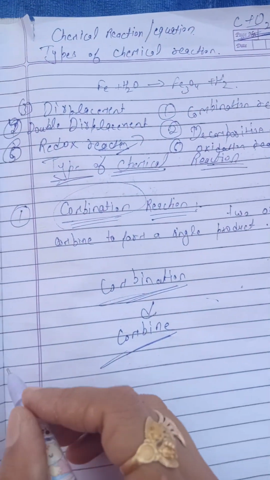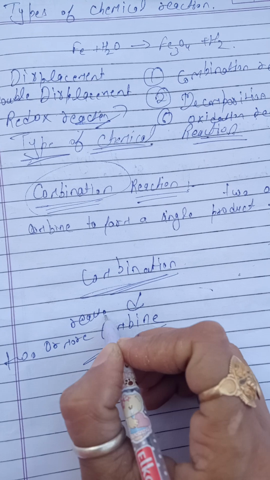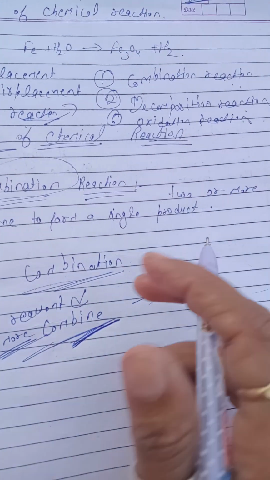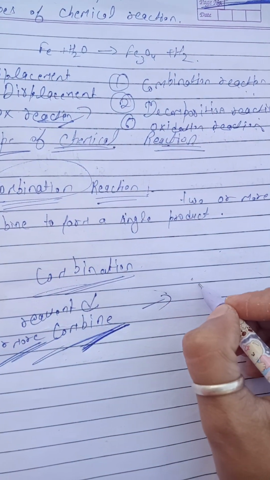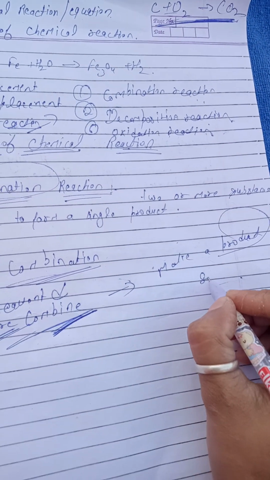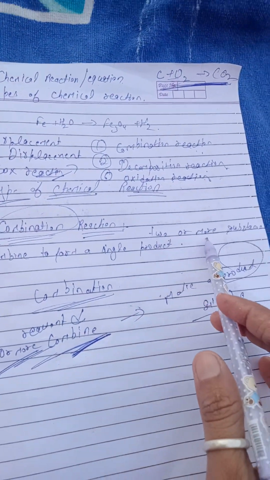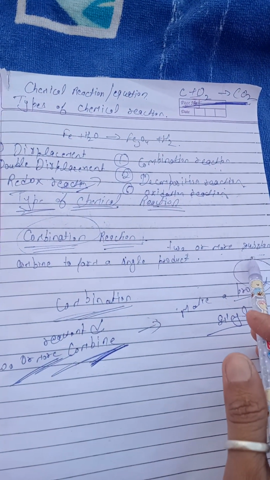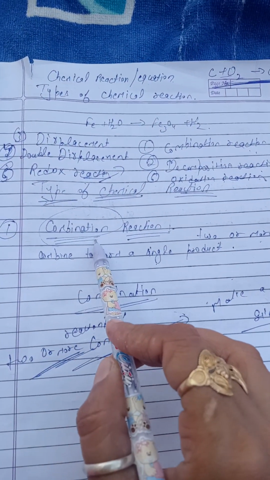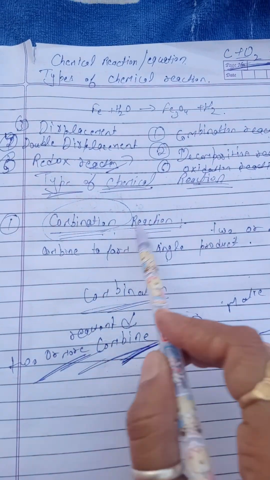It means when two or more reactants combine and make a product, and this product is a single product, this is called the combination reaction. So when two or more substances combine to form a single product, this is called the combination reaction.